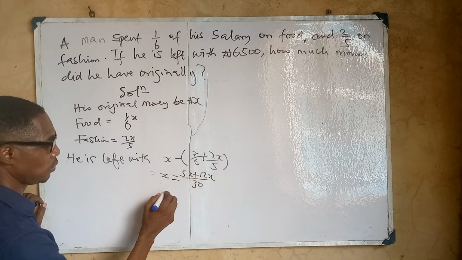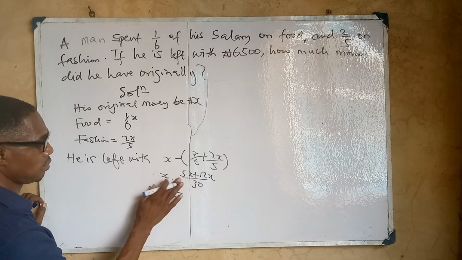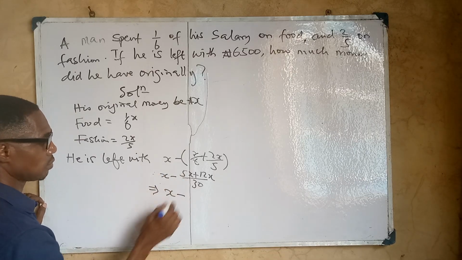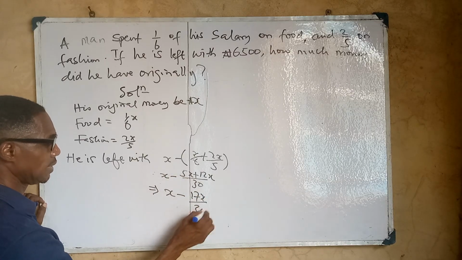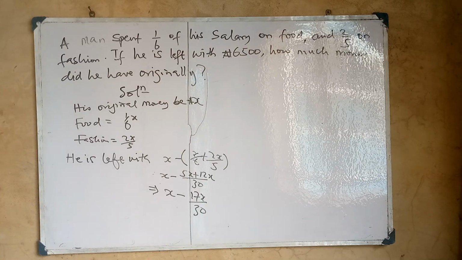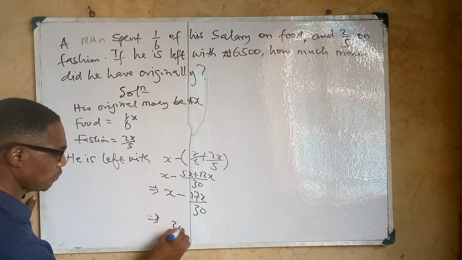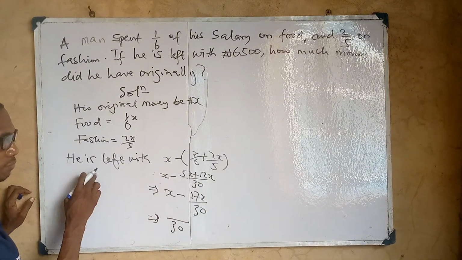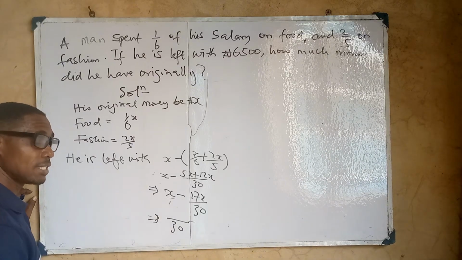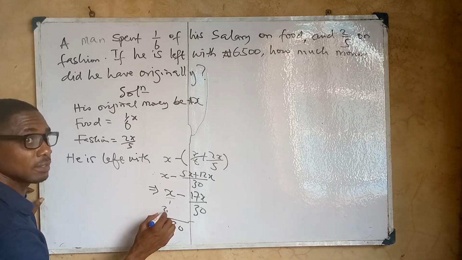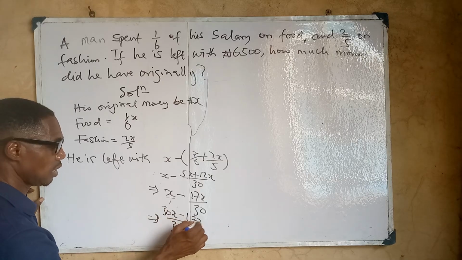If you add this up, this is equal to 17x/30. Let's find the LCM of the whole of these. We're looking at the amount that is left here. Take the LCM, this over 1. 1 goes into 30, 30 times x, 30x, minus 30 goes into 30, 1 times 17x.